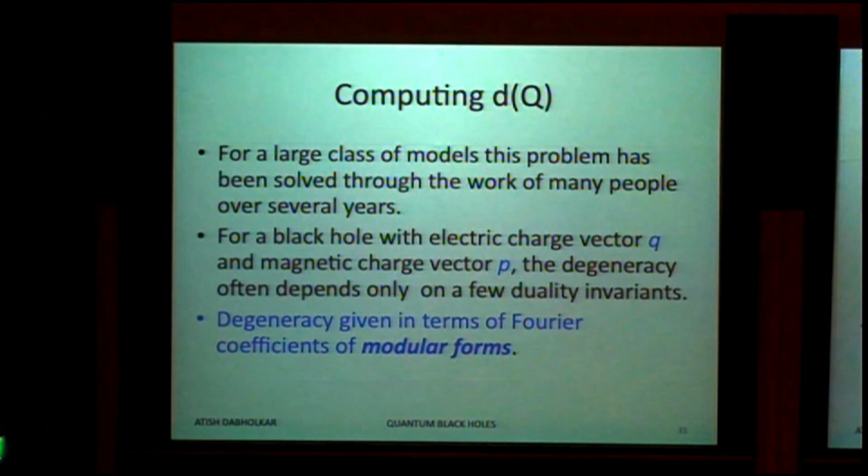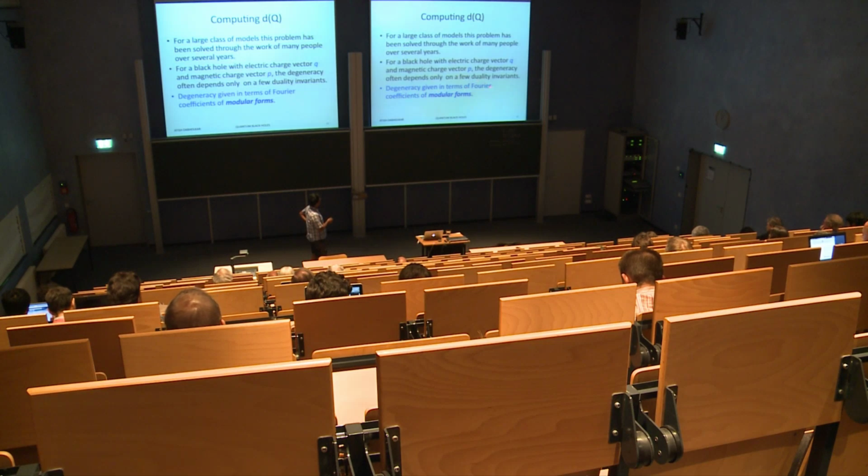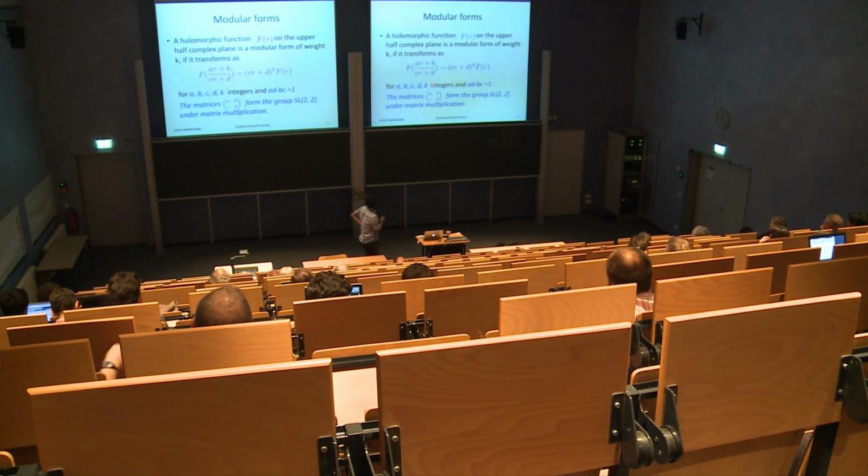And at the end of the day, even though the calculation is very difficult, the answer is very easy to state. It is given in many of these examples in terms of Fourier coefficients of some very special mathematical functions called modular forms. So just to make it very concrete for you, here is a definition.